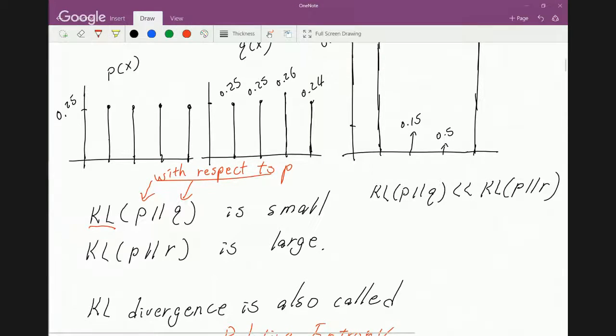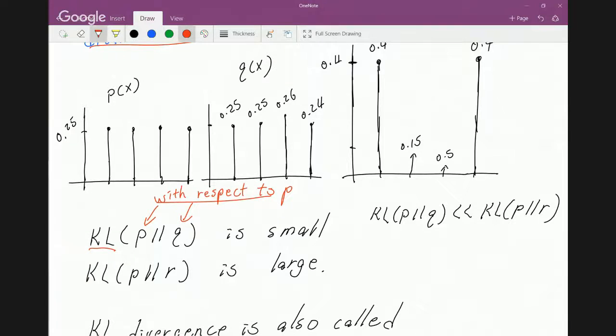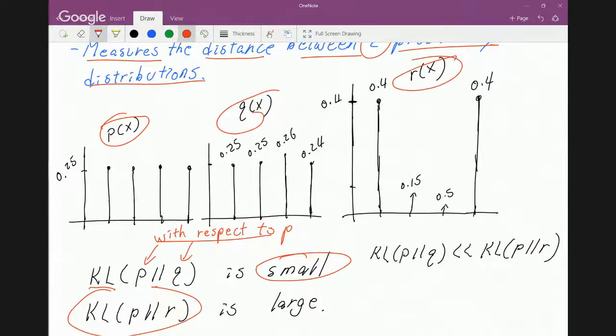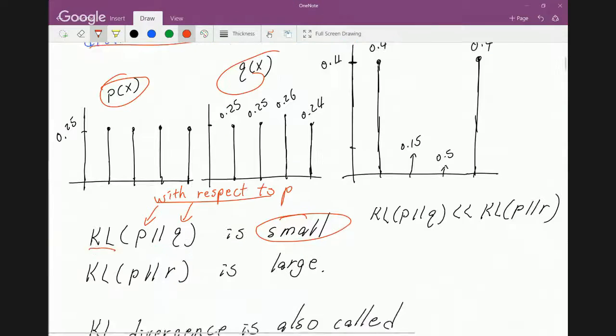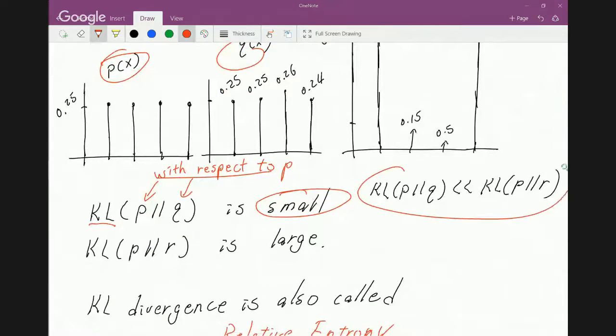Whichever is the first one is the one that you're doing it with respect to. Okay, so like I said, KL divergence of P and Q should be small, but P and R should be relatively large, comparatively, if you were to try to compare them together.